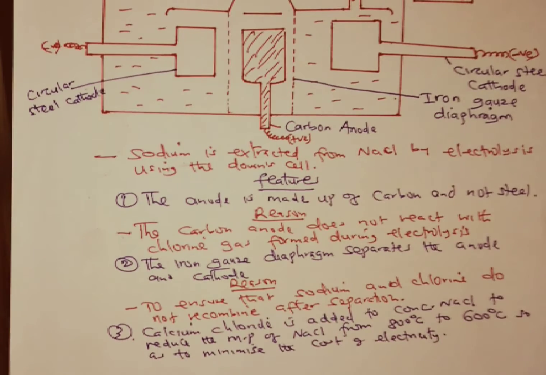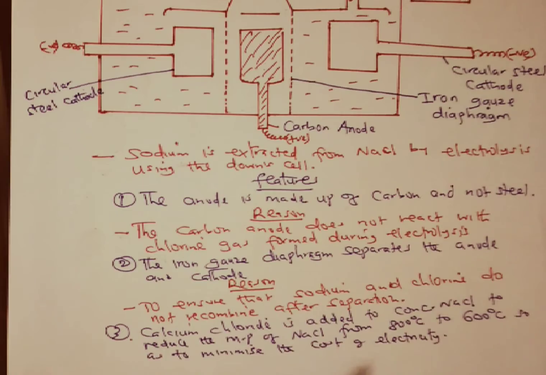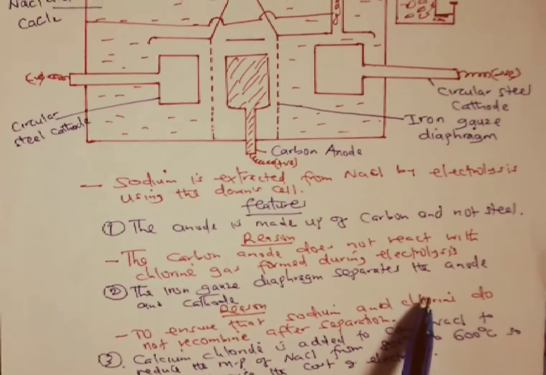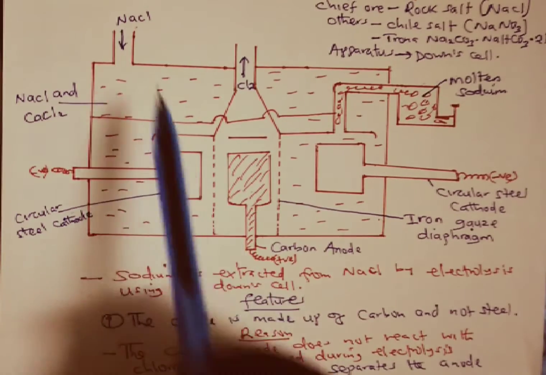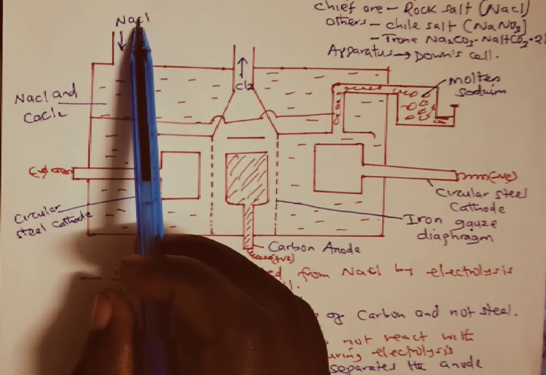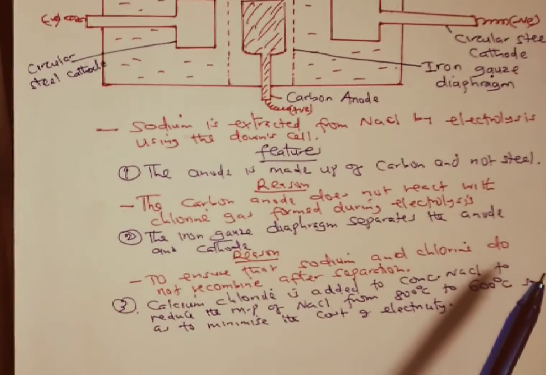Since electrolysis uses electricity, when the current flows through the Downs cell, the sodium chloride, which is our chief ore, is decomposed into sodium ions and chloride ions.